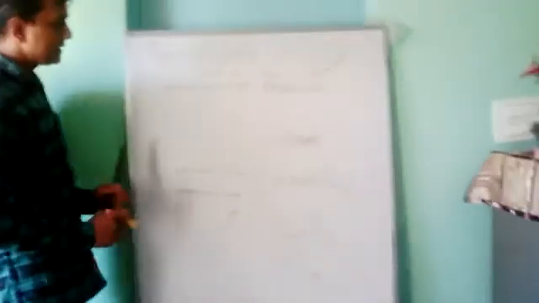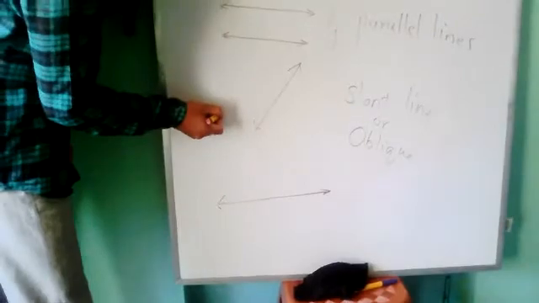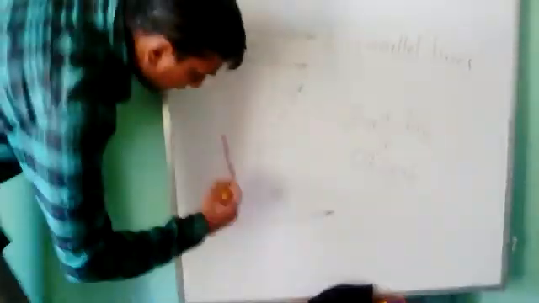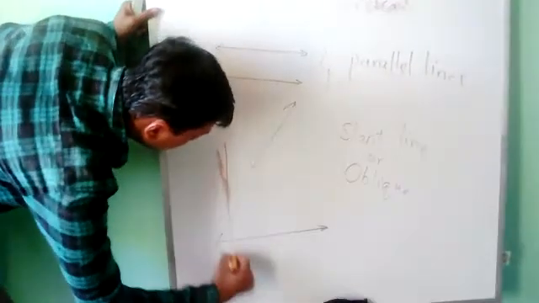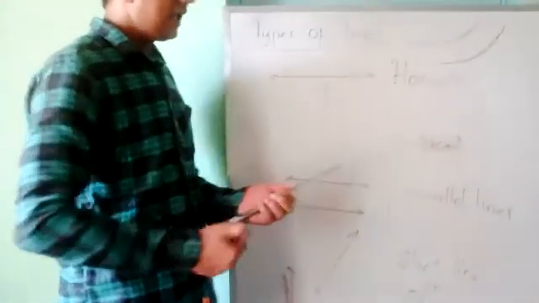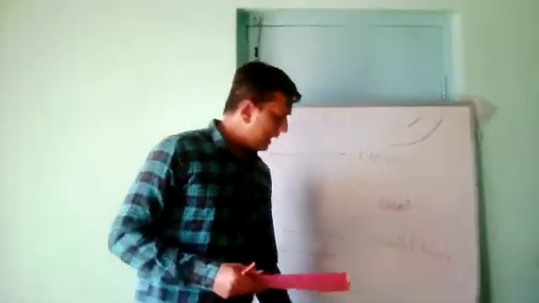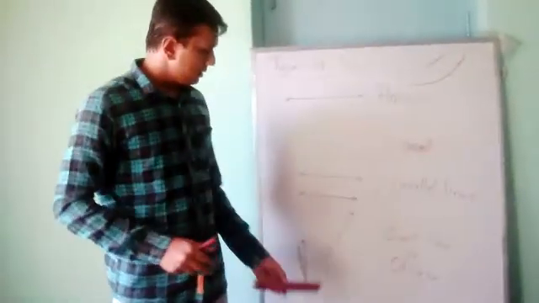One more type of line is there. Suppose on a sleeping line, that means on a horizontal line, a vertical line is drawn like this, vertically. Take the example of the sleeping line and the standing line.